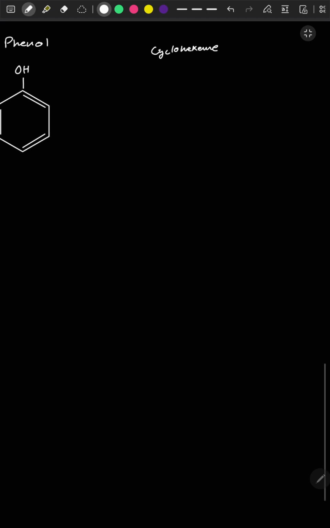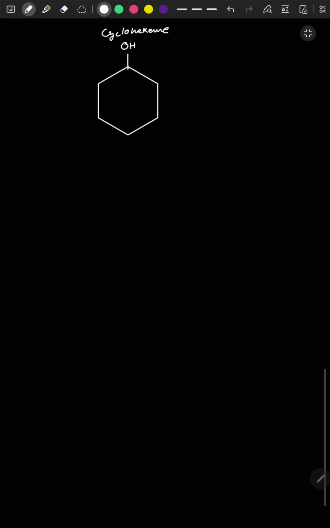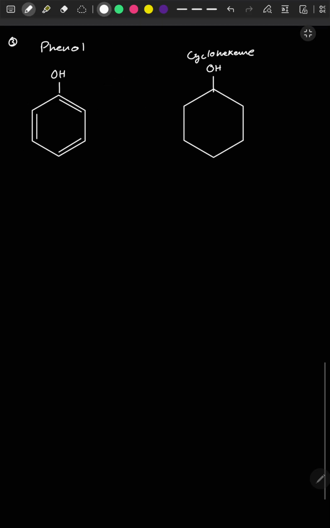So this is phenol. And then for the cyclohexanol, we'll have another hexagon right here, and then we'll just do a little OH at the top. But that's it. So they don't look all that different, right?